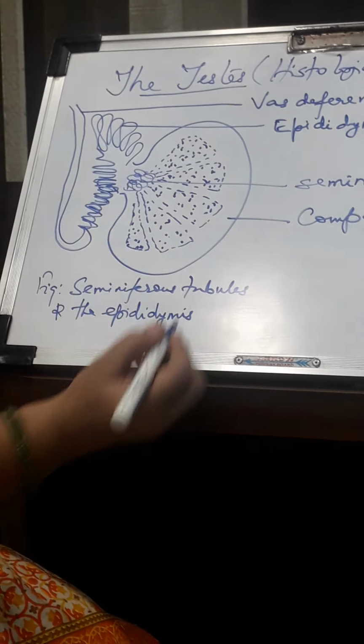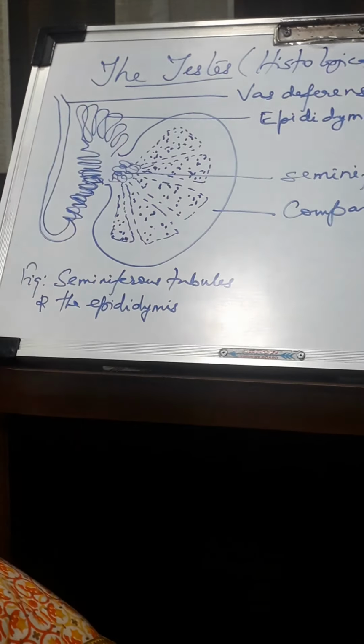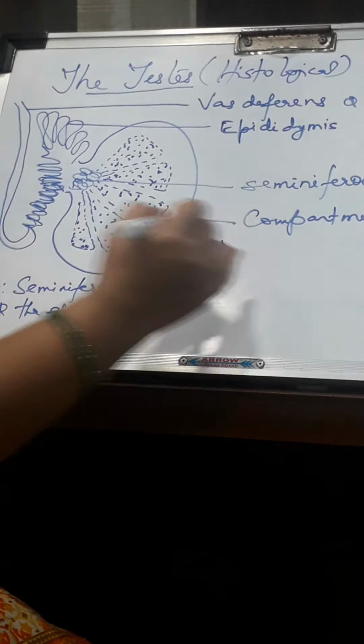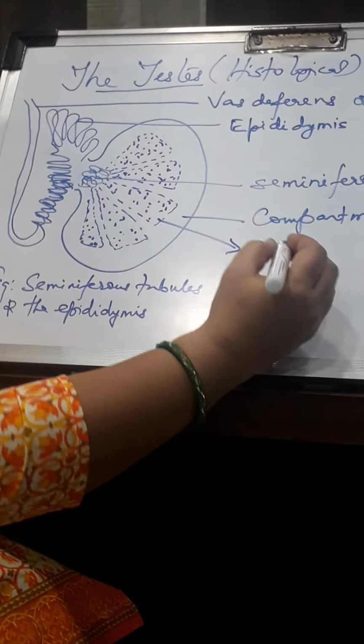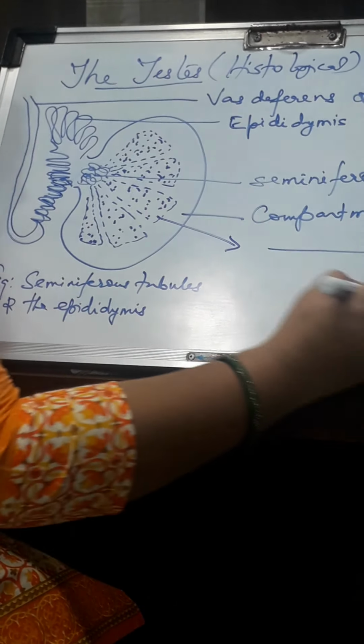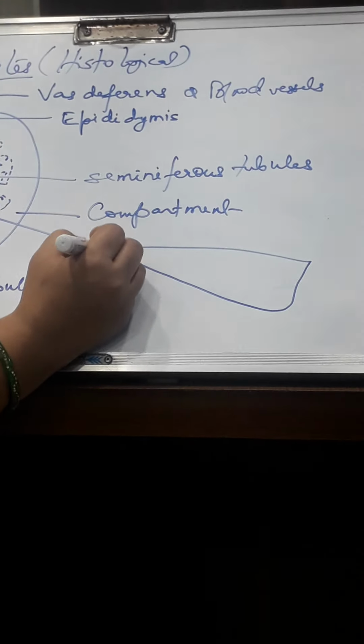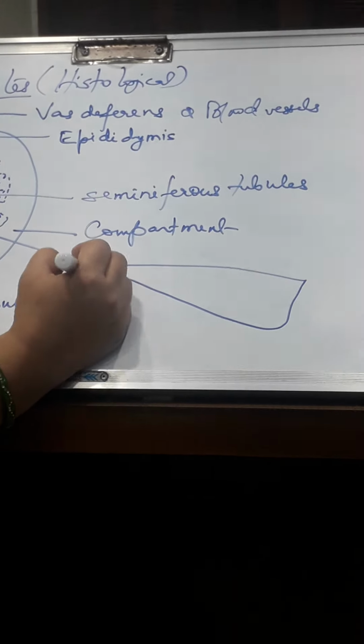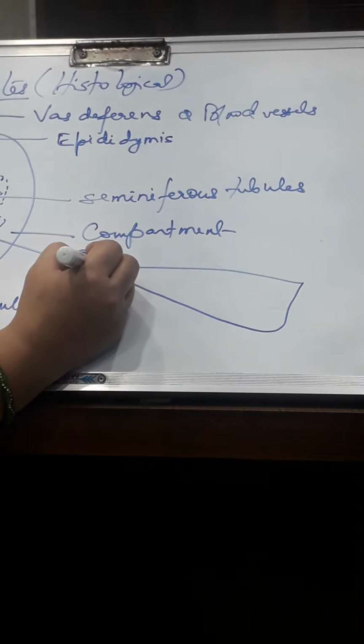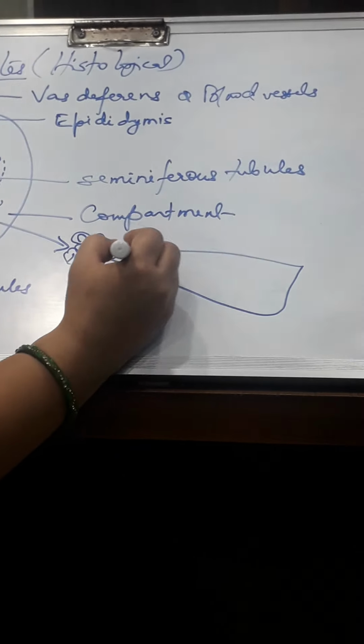Now we have to go for a particular segment. I am drawing it separately, and you all will follow the same. Networks of capillaries will lie here, each having a pair, and it has a chamber.